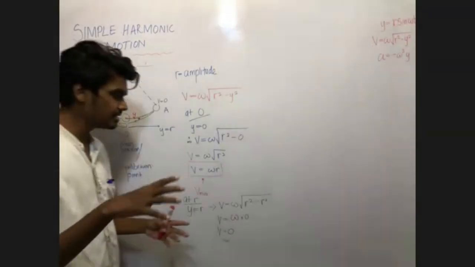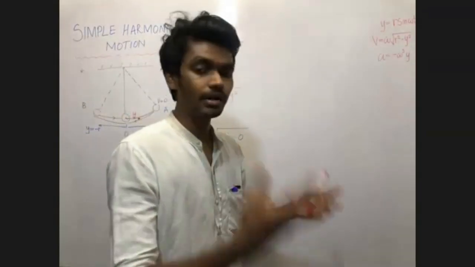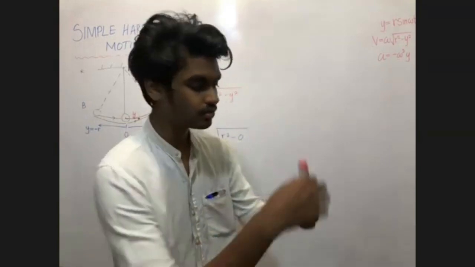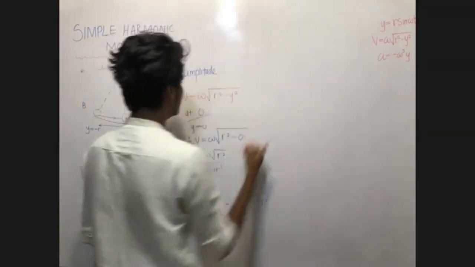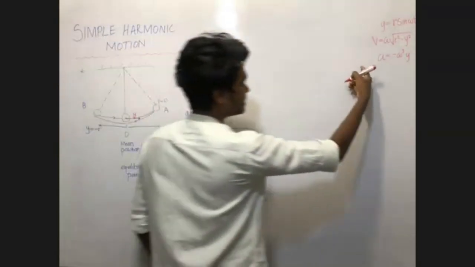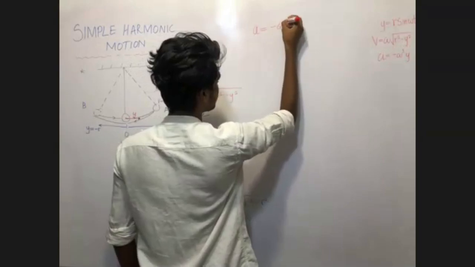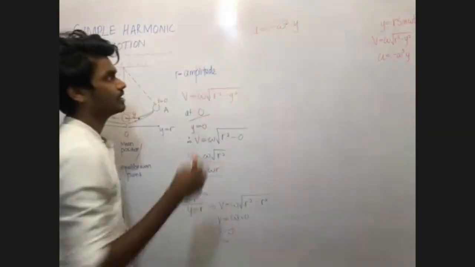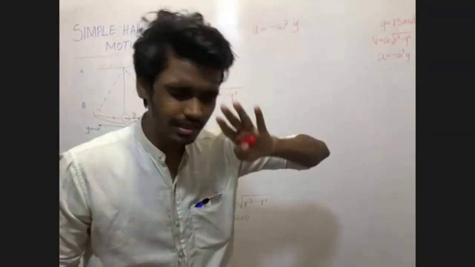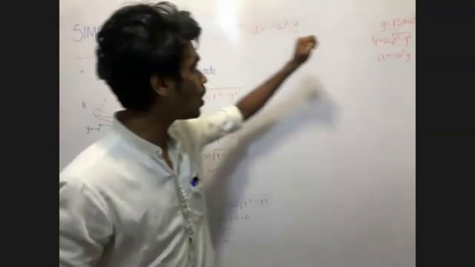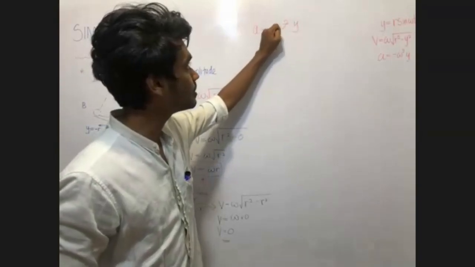Let us see at which point the acceleration is maximum and at which point the acceleration is minimum. When you analyze acceleration, what is the equation that you need to know? a is equal to minus omega squared y. When you are dealing with the magnitude of the acceleration, make sure to omit the negative sign.